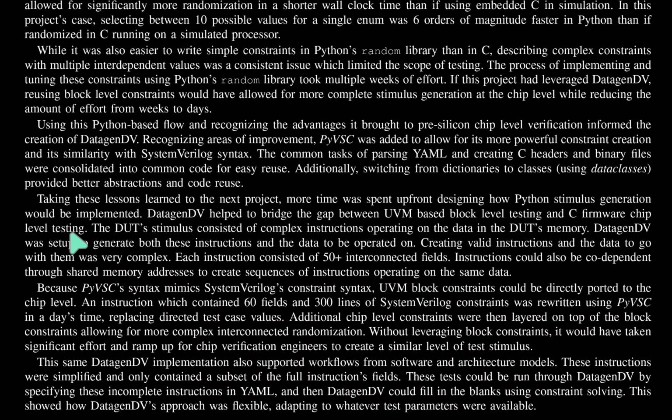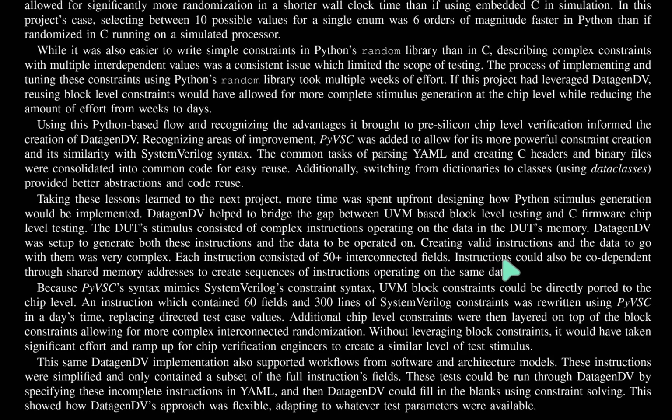The DUT stimulus consists of complex instructions operating on data in the DUT's memory. DatagenDV was set up to generate both these instructions and the data to be operated on. Creating a valid instruction and the data to go with it was very complex. Each instruction consists of 50 or more interconnected fields.